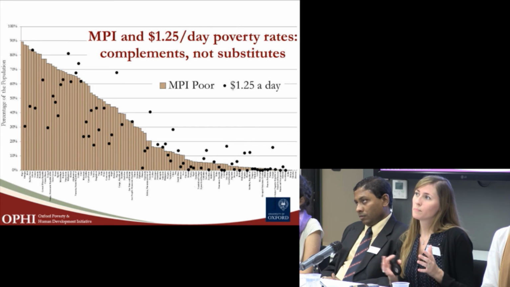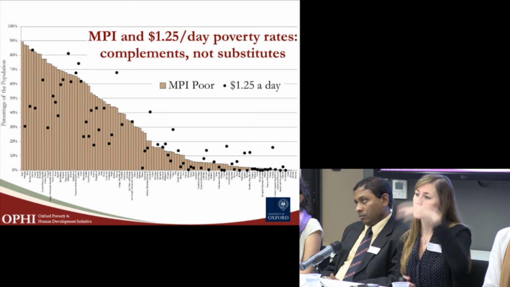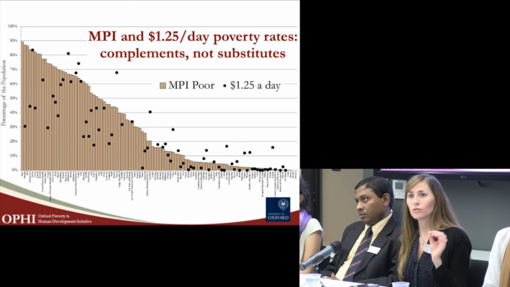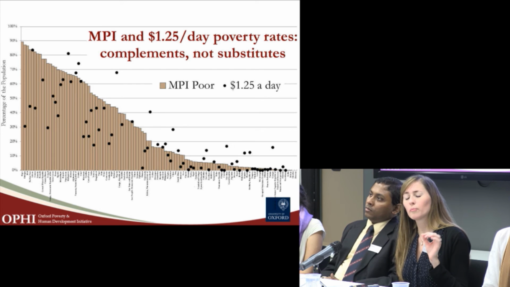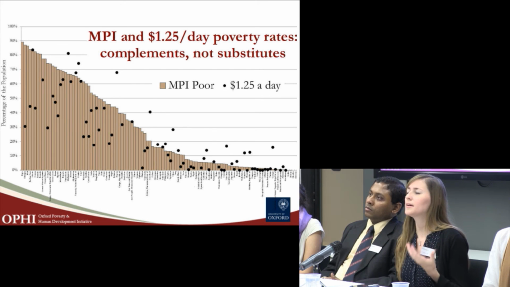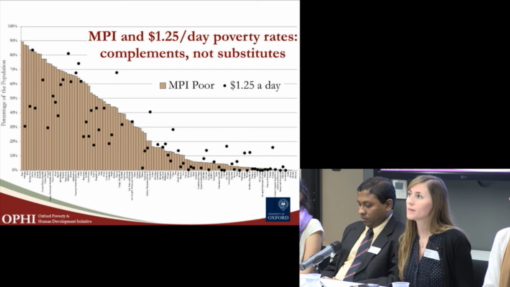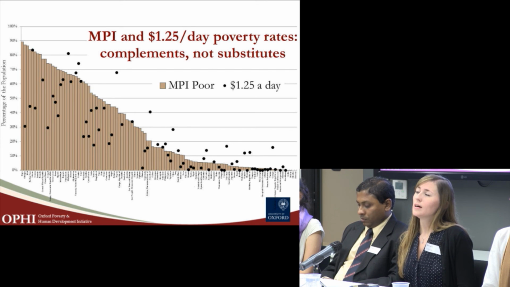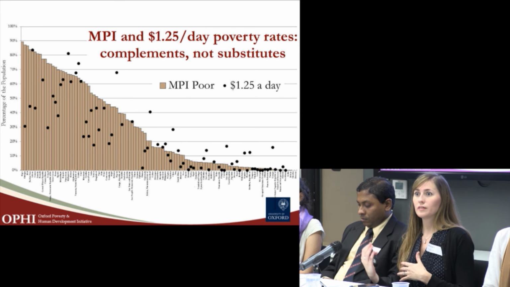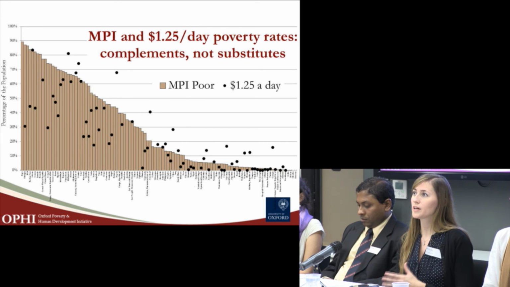Here in this graph, we depict both the headcount of multidimensional poverty, which are the bars we can see in the graph, and the black dots, which represent the proportion of people identified as income poor using the $1.25 a day poverty line. As we can see in the graph, there is a lot of heterogeneity between these two measures for each of the countries.